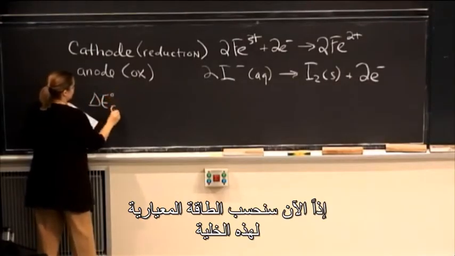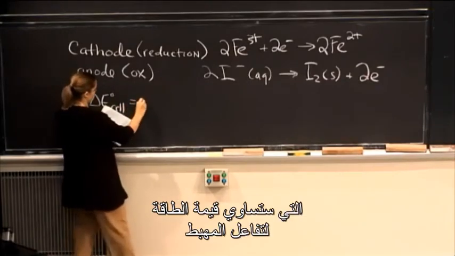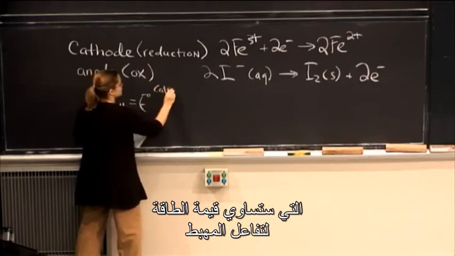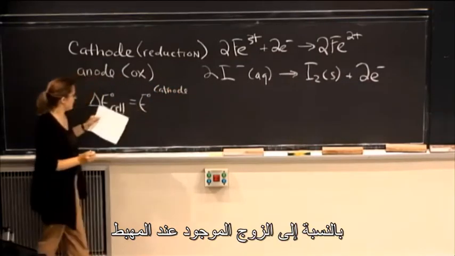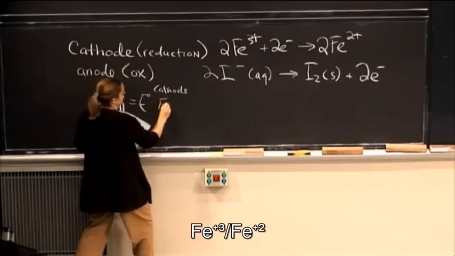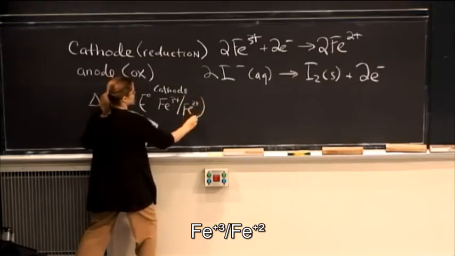So now we want to calculate E naught for the cell, and that's going to be equal to the E for the cathode reaction. And that particular couple at the cathode, we're looking then at iron 3 plus going to iron 2 plus.